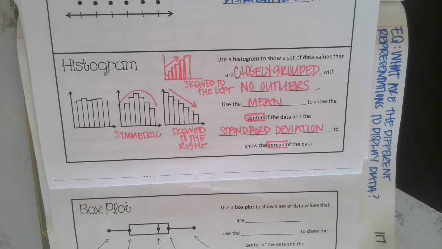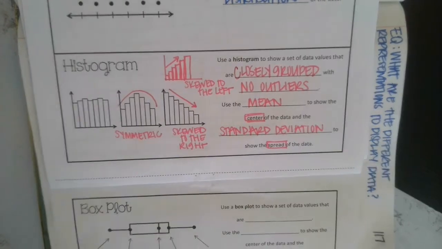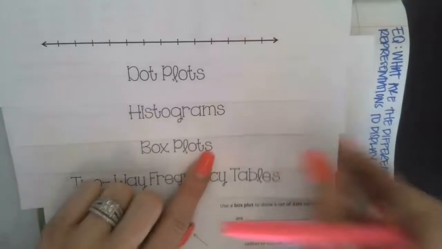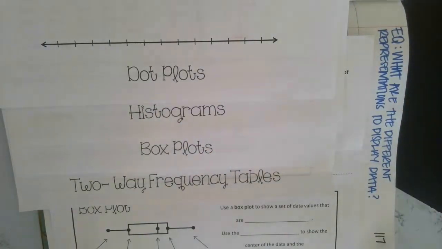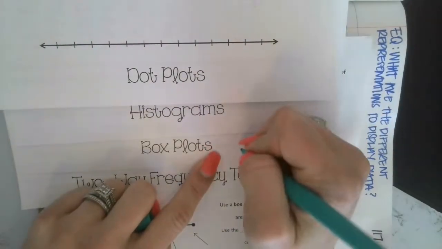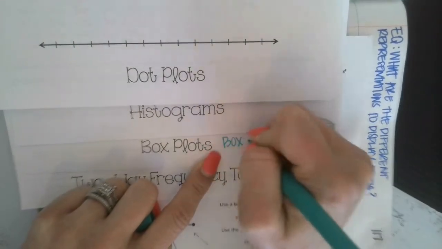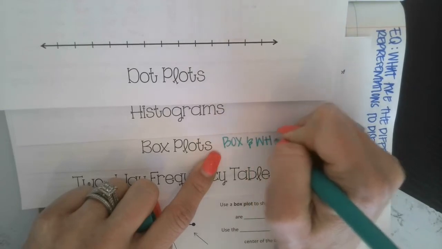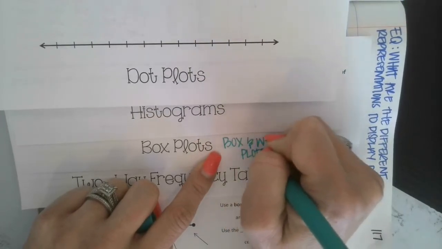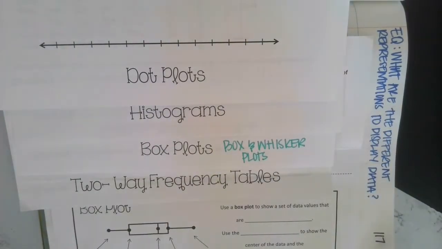So we have histograms. All right, we're going to do one more today, and we're going to look at box and whisker plots or box plots, okay? These are also called box and whisker, which is probably how you were taught them, or box plots.